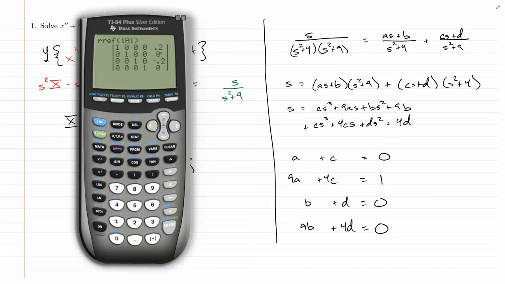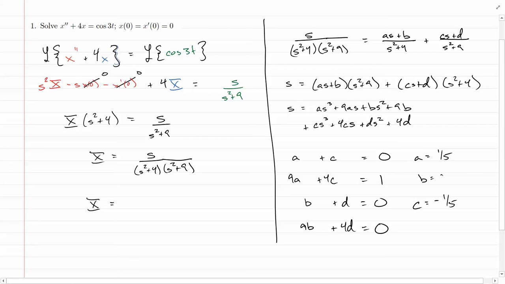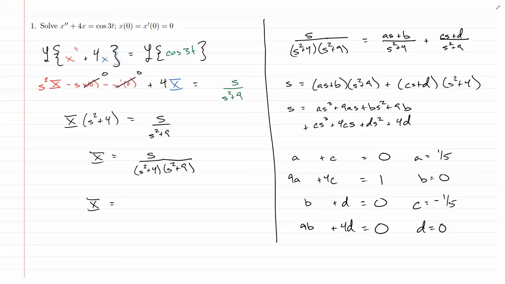And you get that A is 0.2, B is 0, C is negative 0.2, D is 0. Those as fractions: A and C were 1/5 and negative 1/5. B and D were both 0. Okay, so the way that this breaks up, you plug in your A, B, C, D up here, and then I'll write it down here.